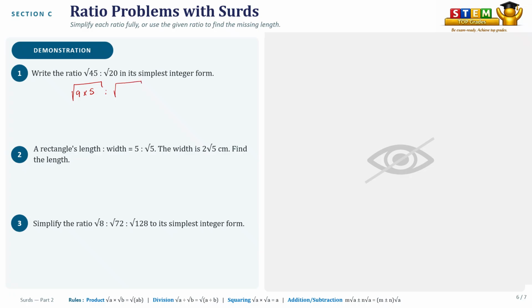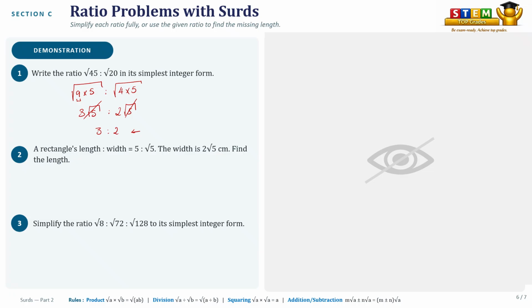Then you get 4 times 5 for 20, and square root of 9 is 3, root 5. You've got here 2, root 5. We cancel out the 5s, and we end up with the ratio of 3 to 2, and that's our answer.